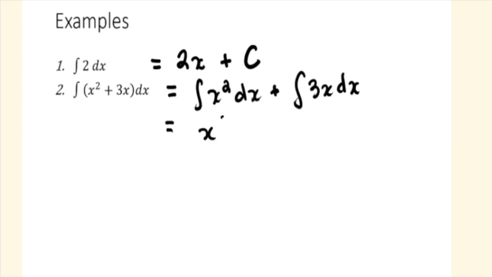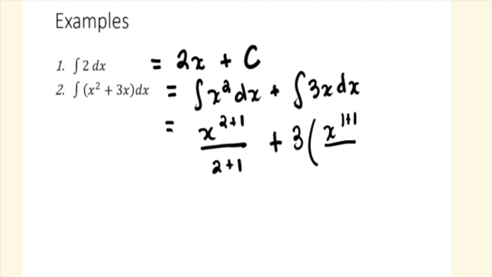So this one would be x raised to 2 plus 1 over 2 plus 1 plus this one would be 3 times x raised to 1 plus 1 over 1 plus 1. Then, of course, plus a constant c.